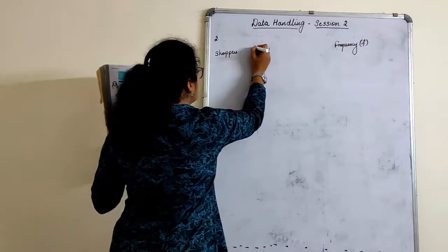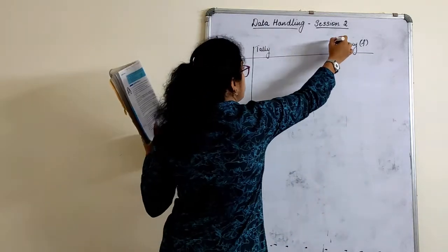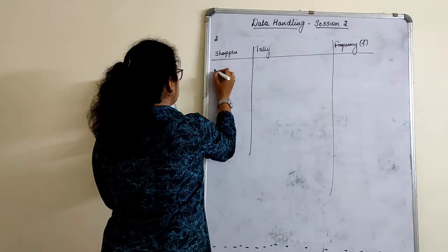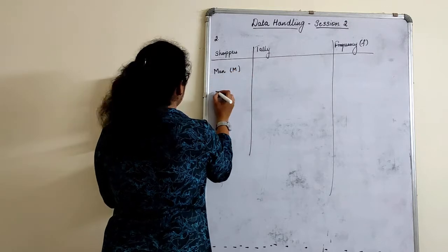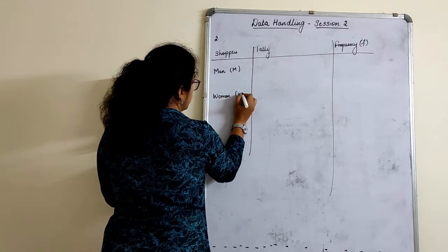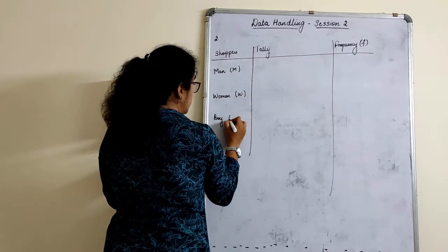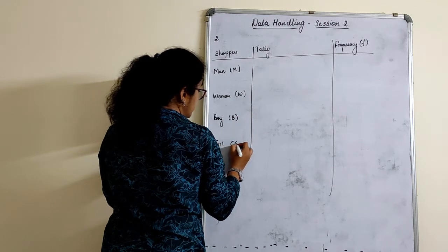So to write this, always a tabular column should be present. What do we have as the shoppers here? First we have man, that is marked as M. Then we have woman, W. Then boy, B, and last girl, that is G.